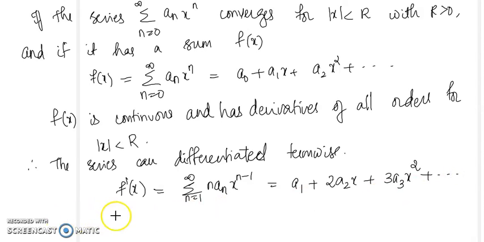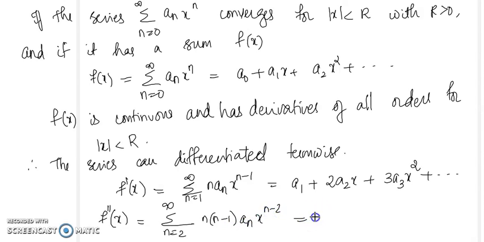And similarly you want to find f double dash of x, so that is summation n equal to 2 to infinity n into n minus 1 an x raised to n minus 2, so that is 2a2 plus 6a3 x plus etc.